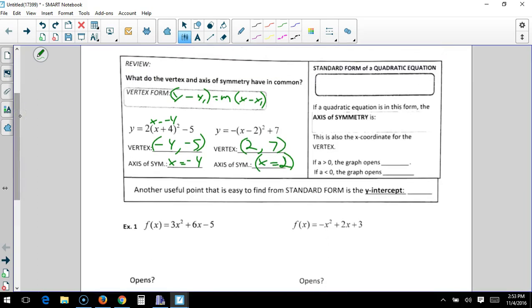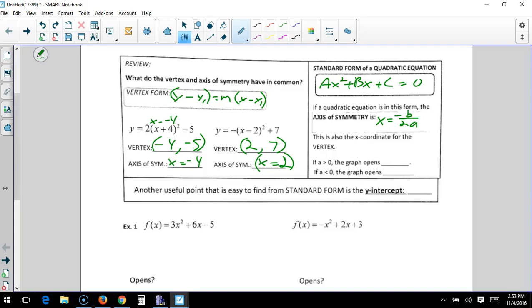Now, standard form, again, is ax squared plus bx plus c equals 0. That's a horrible looking x, I know. Let's clean that up. Okay. If a quadratic is in this form, the axis of symmetry is x equals the opposite of b over 2 times a.